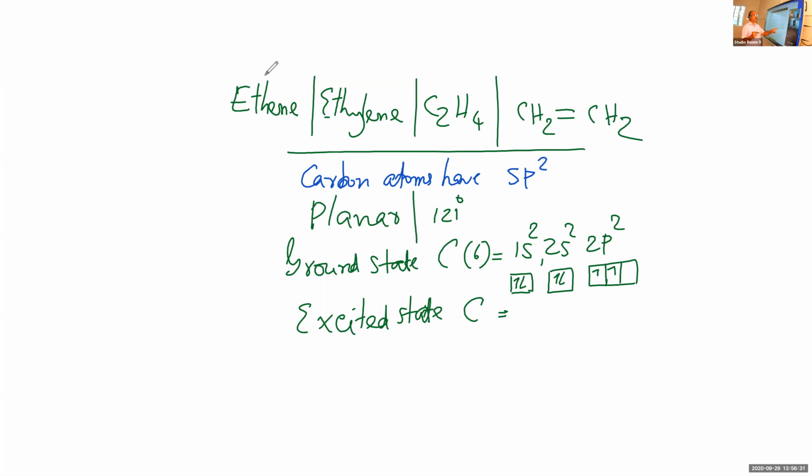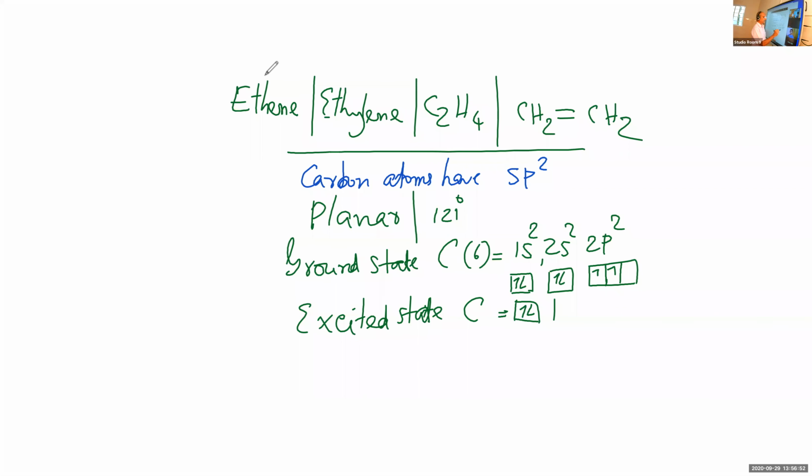One of the 2p orbitals is vacant. So one of the 2s electrons is excited to the vacant 2p orbital, and the excited state will be like this. In the 2s, there are 2 electrons and they are paired.